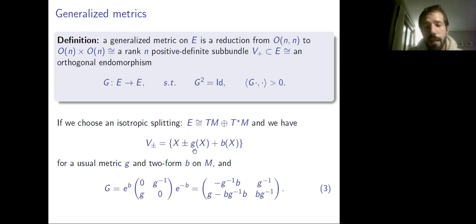Out of this data, you can cook up the endomorphism G explicitly, big G, and it's given by this formula. You can think of it as conjugating by a B-field transformation this natural endomorphism cooked up out of the Riemannian metric. Okay, so I'm going to assume that my metrics are Riemannian.